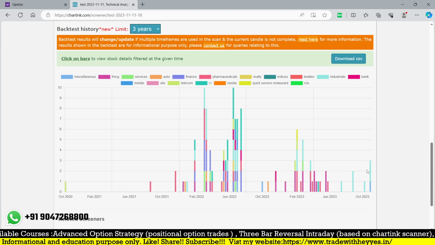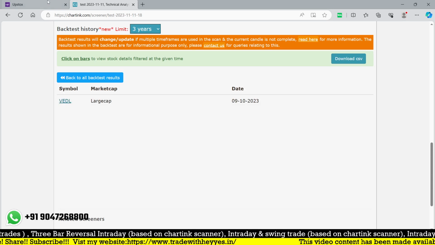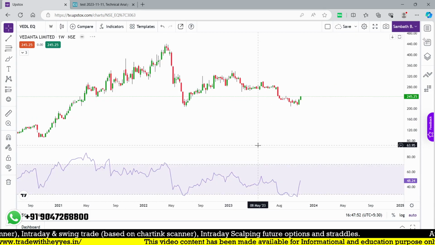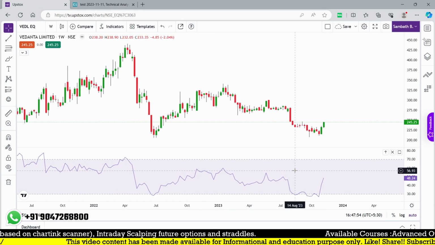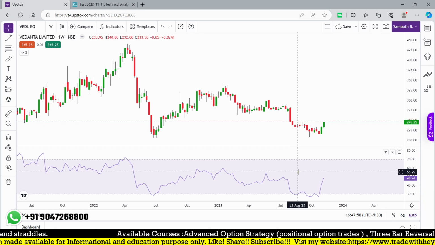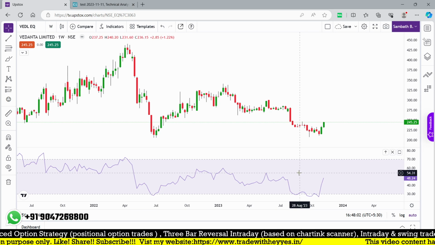Even a lot of stocks, and previous to previous week is VDL 910, let me go for VDL, which is 910, in the 8th month, 910 September.